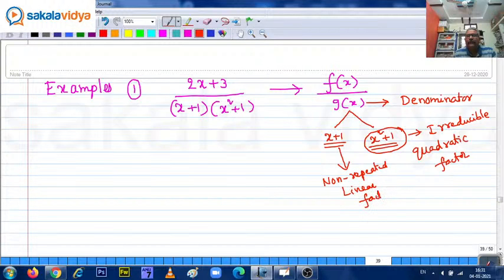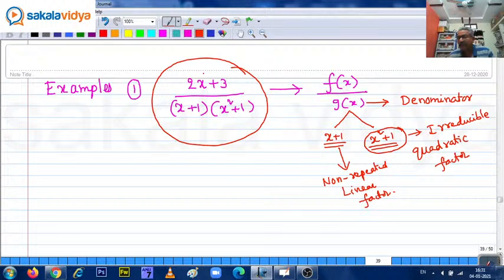If you are asked to resolve partial fractions of this model, for x plus 1 there exists one partial fraction, and for x square plus 1 there exists another partial fraction. In total, two partial fractions need to be evaluated.